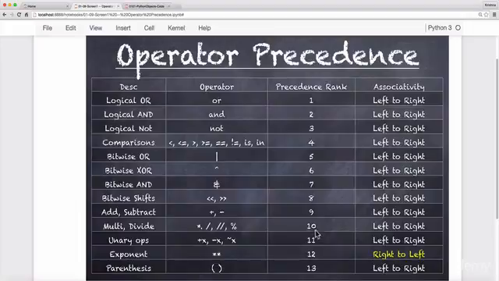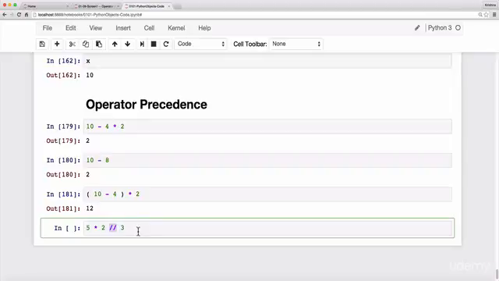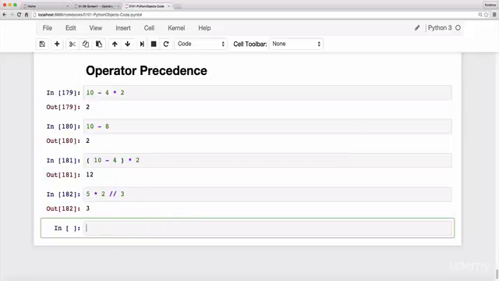Then the associativity rule will kick in. It says to execute from left to right. So it will be 5 times 2, which is 10, and then floor divided by 3, which equals 3. So we got 3. That is why the Python interpreter resulted in 3 for that expression.